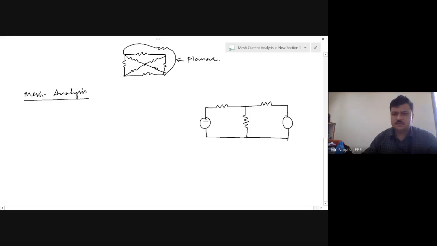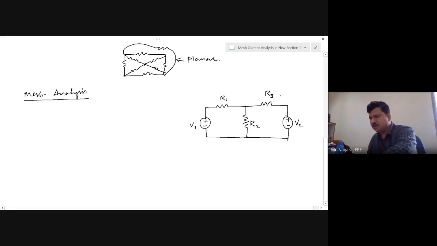So let this be V1, let this be V2, let this be R1, resistor R2, and resistor R3. Okay. So how to start the mesh current analysis?